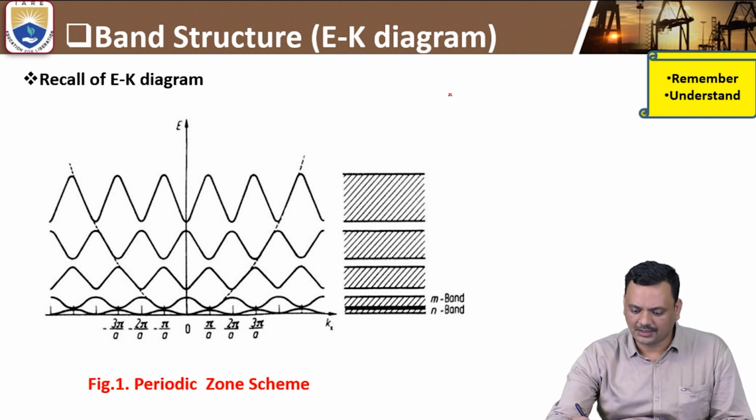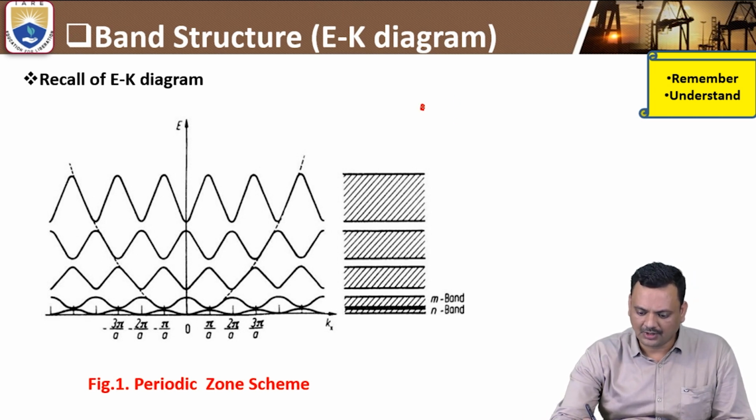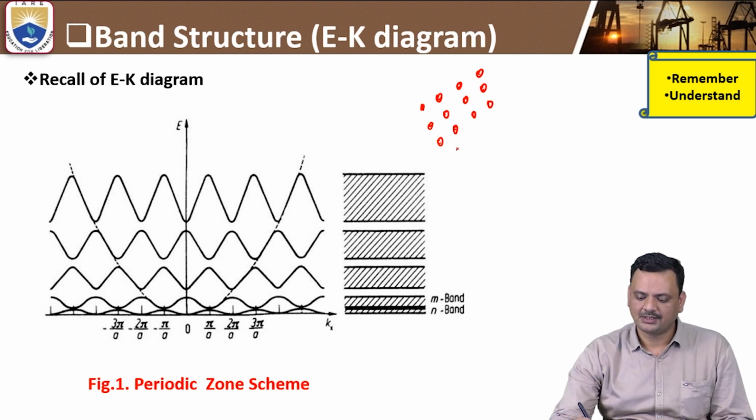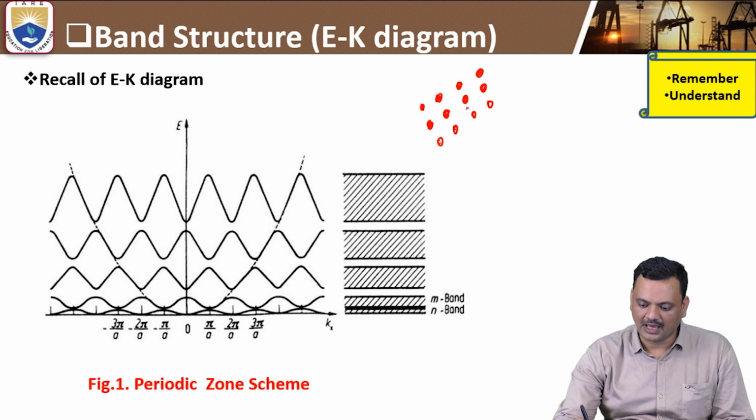In the last video lecture, we solved the Schrodinger equation for an actual, practical crystal lattice, and we took one assumption that is given by F. Bloch.